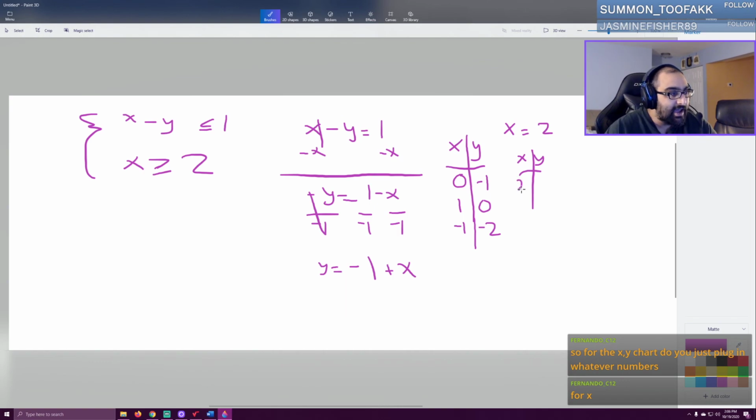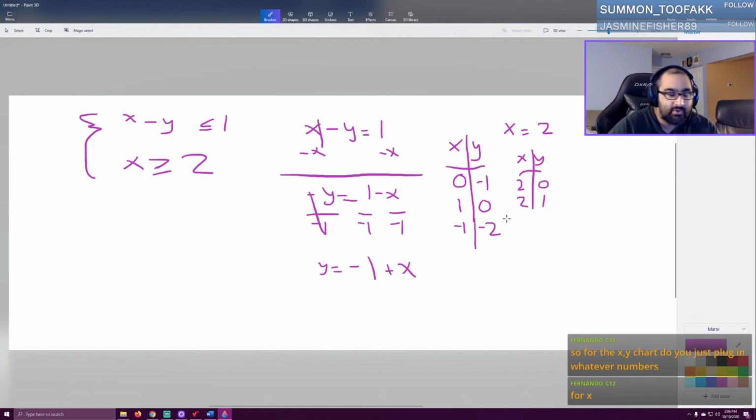You can plug in whatever numbers you want for x and y. My idea is that as long as you can graph it, or you get easy numbers to easily graph it on, that's the only thing you really need to worry about. 0 is a super easy number. You don't really have to think too hard for 0. Or 1 is typically an easy number.